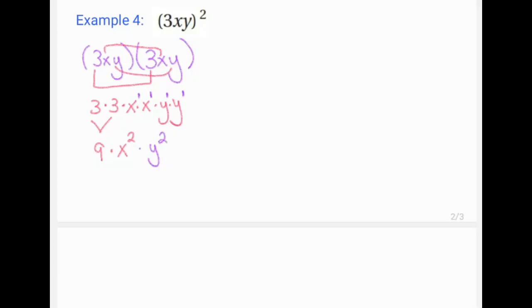Now, if you don't want to do it that way, the other way is to go ahead and use that distributing property that we just mentioned. So we have 3xy to the second power, and we would distribute that 2 into each one of the bases right there. So we would multiply and multiply.